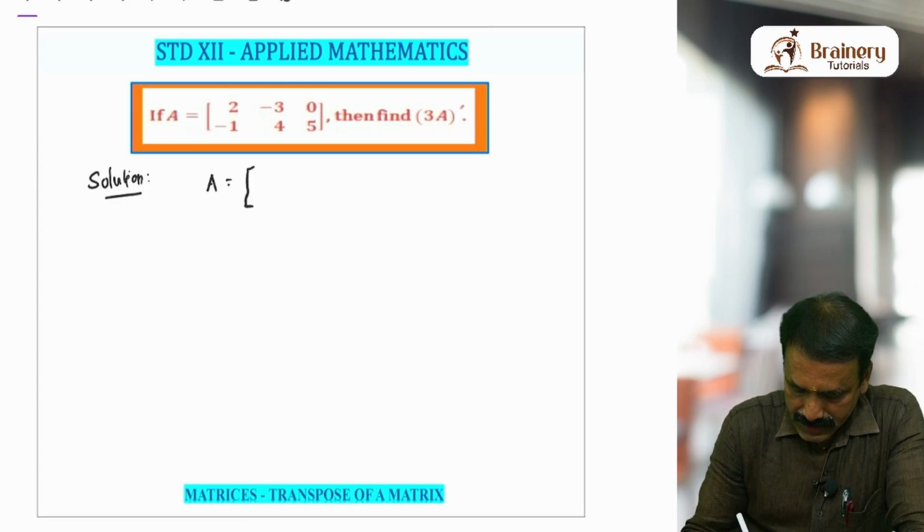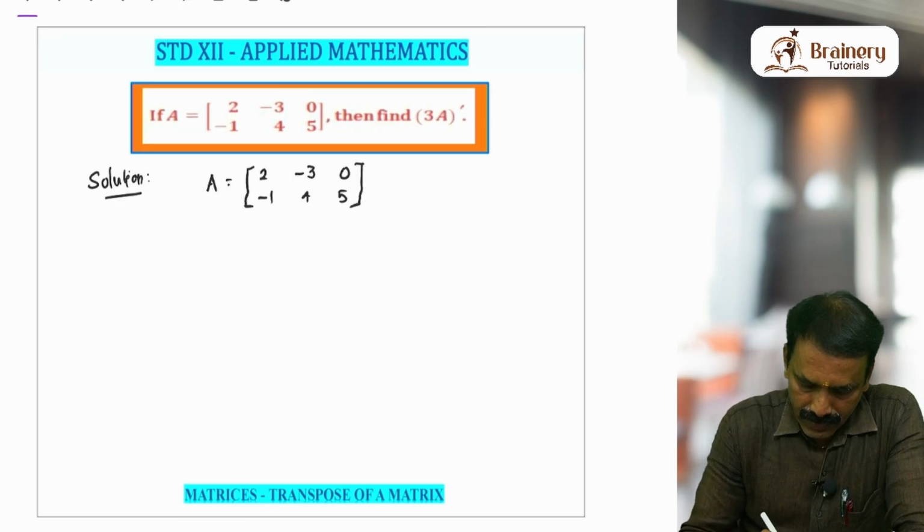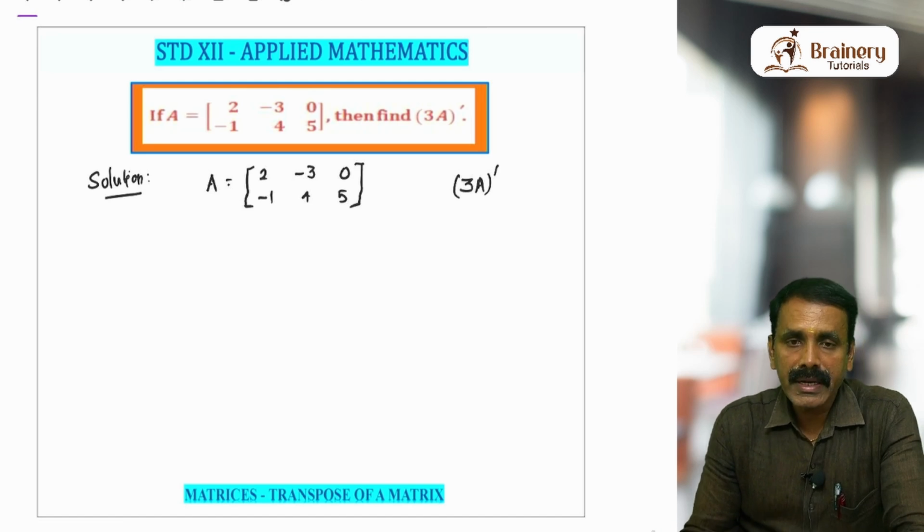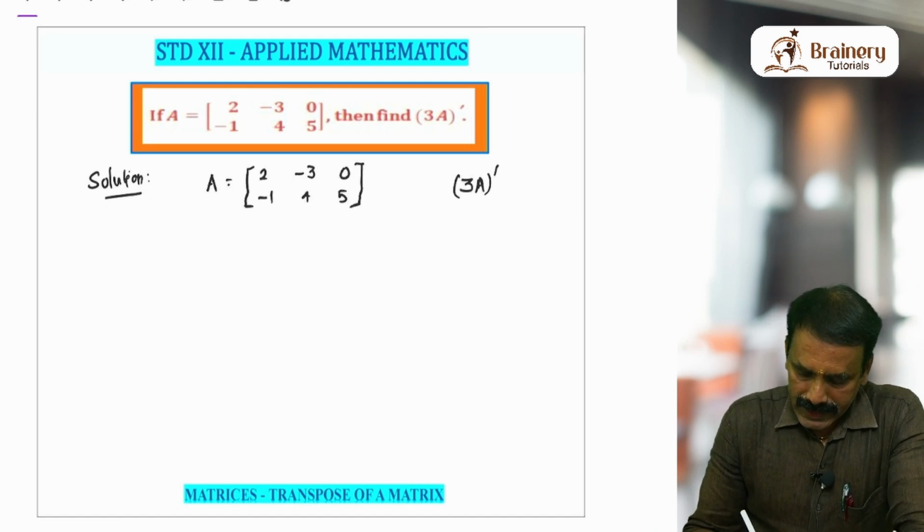A matrix is 2 minus 3 0, minus 1 4 5. We are supposed to find (3A) transpose. So let us calculate what 3A is.